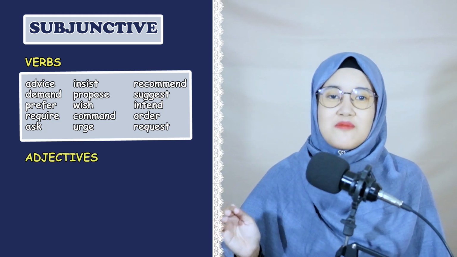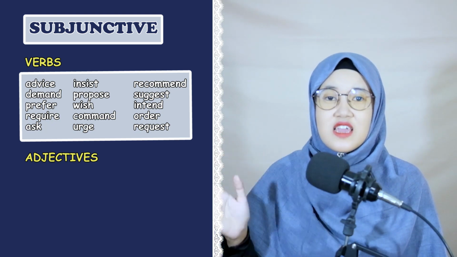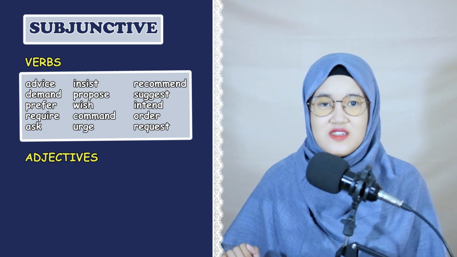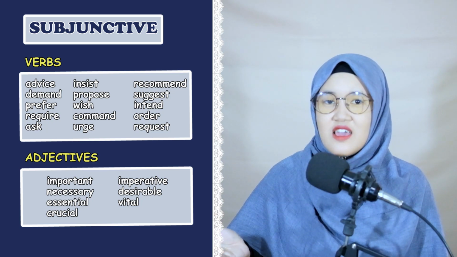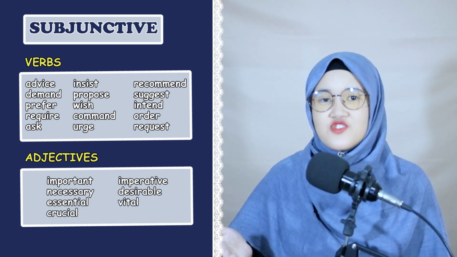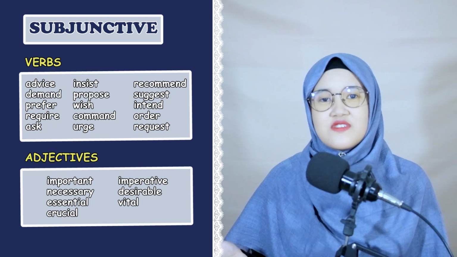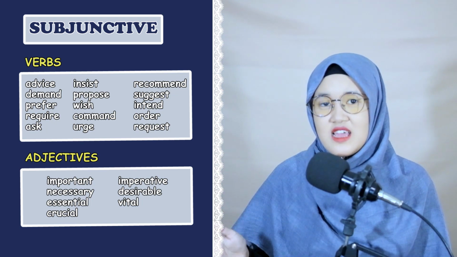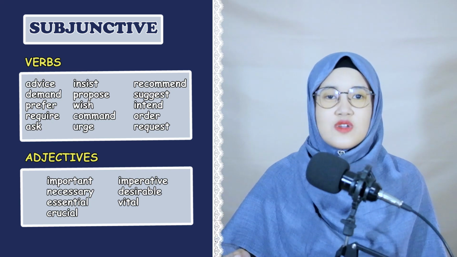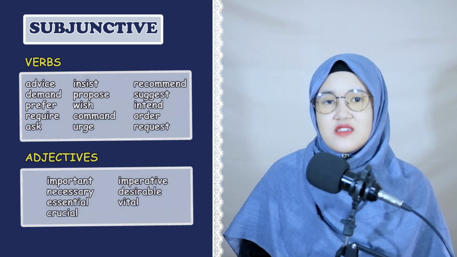There are also some adjectives that create a subjunctive mood. We have important, necessary, essential, crucial, imperative, desirable, and vital. These verbs and adjectives are used to express something that we want.